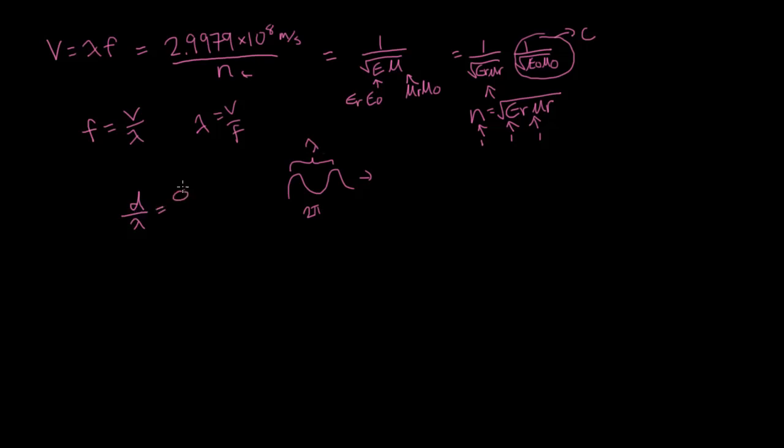And so the amount of phase shift over a distance d, when you calculate in units of wavelength, tells you the phase shift in units of 2 pi.